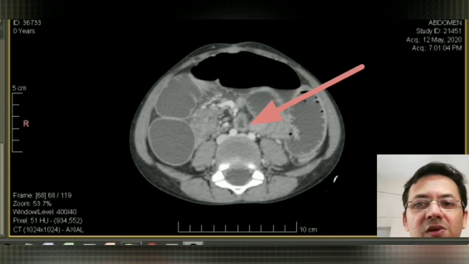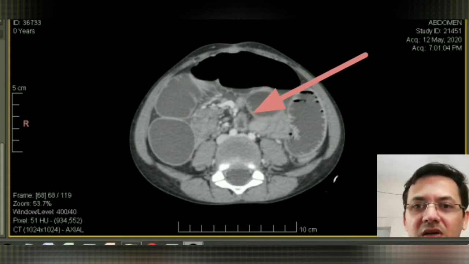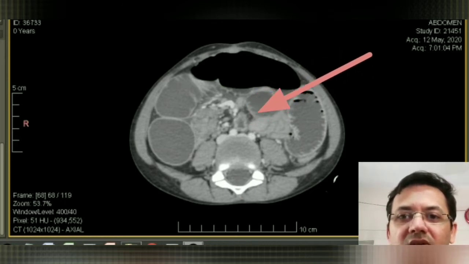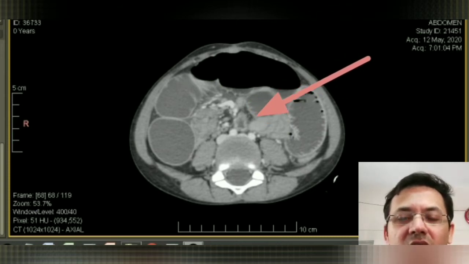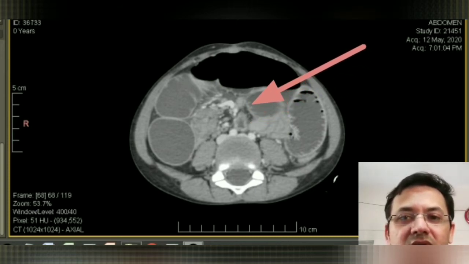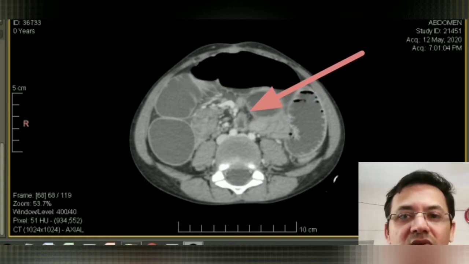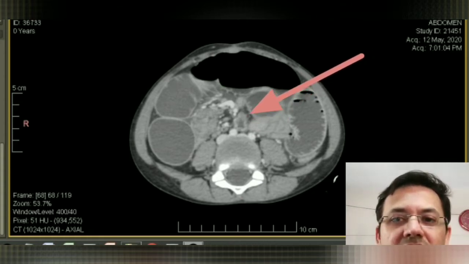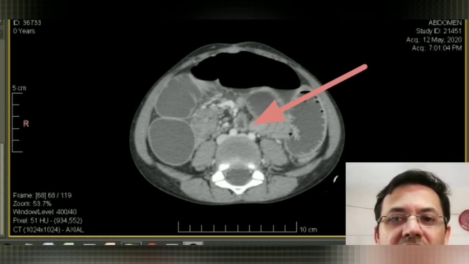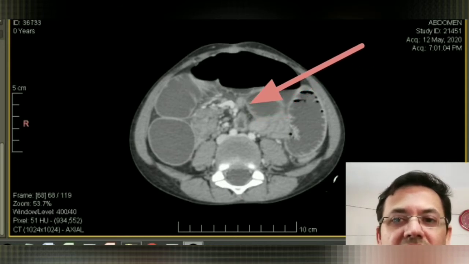Bowel wall enhancement also appears normal in both arterial and venous phases. So there is no bowel ischemia here. Then another important point is we are not seeing signs of perforation. There is no free gas, no free fluid, no pneumatosis intestinalis, no gas in portal radicals or mesenteric venous radicals.